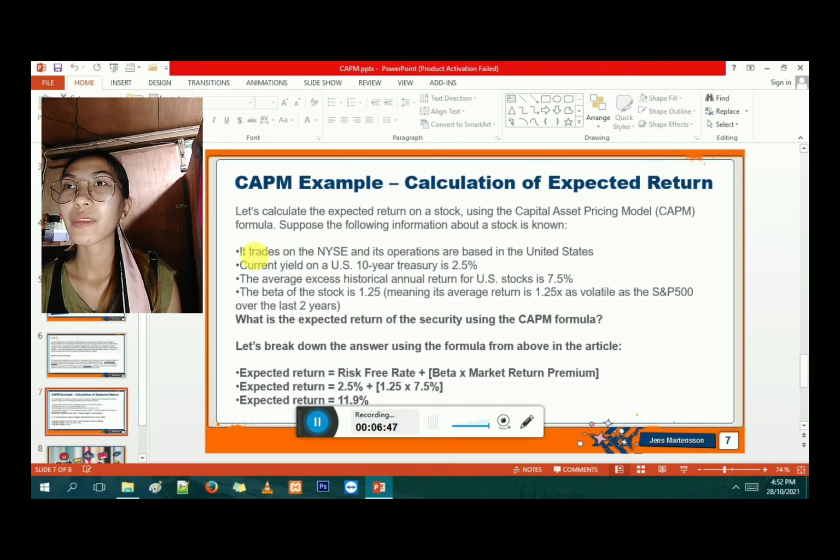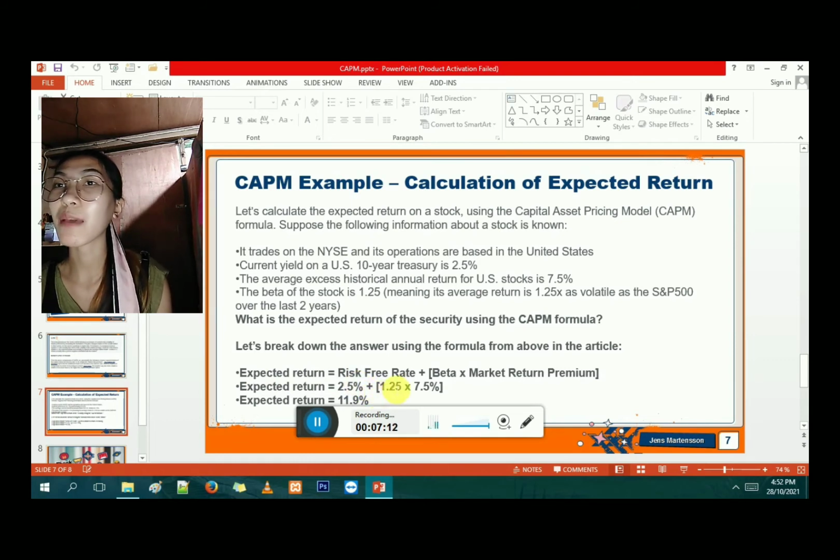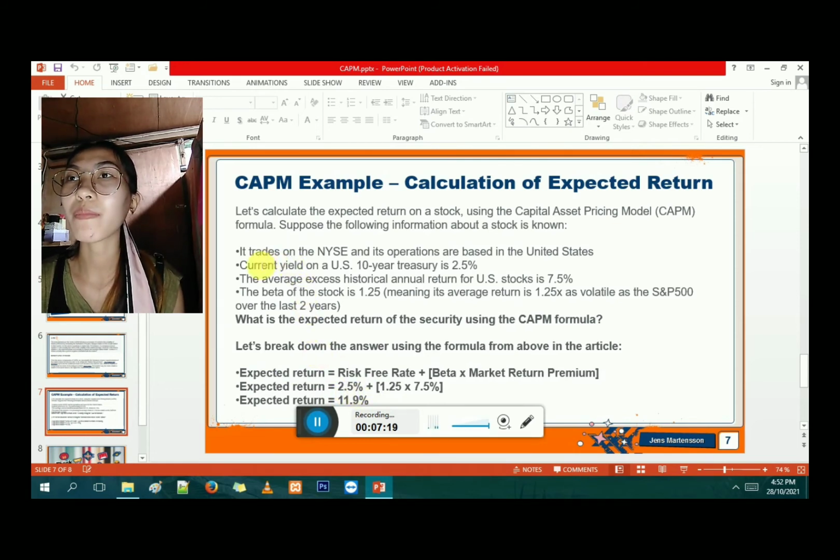This is the formula of CAPM: expected return equals risk-free rate plus beta times market risk premium.